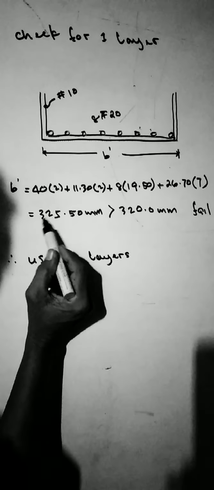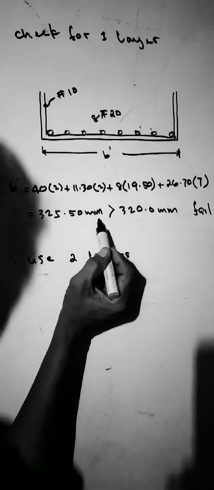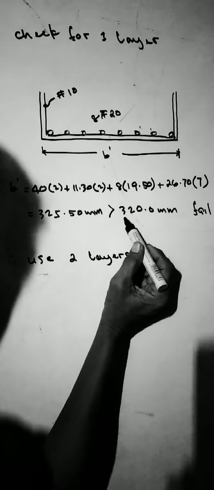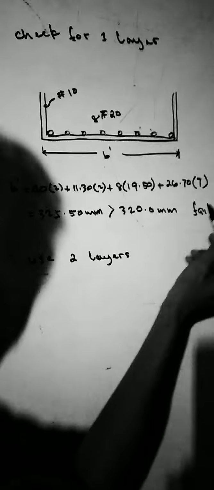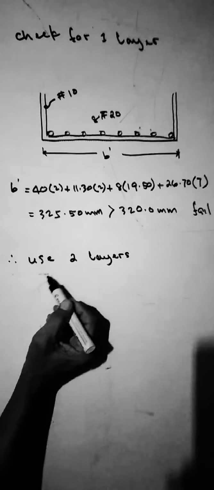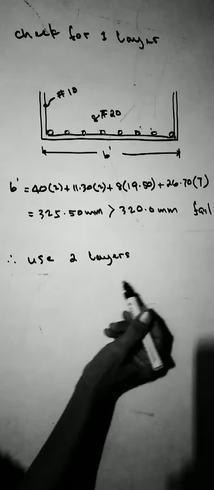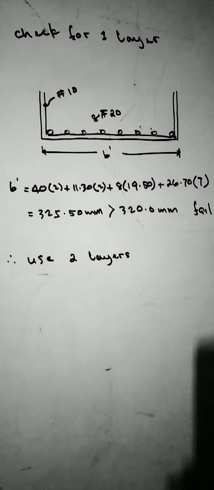Computing that will give us 325.50 millimeter, which is greater than the base of the section, 320 millimeter. So failure. Therefore, we use 2 layers of steel bar.